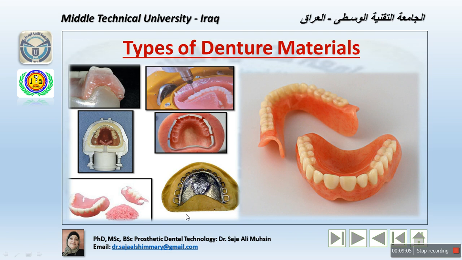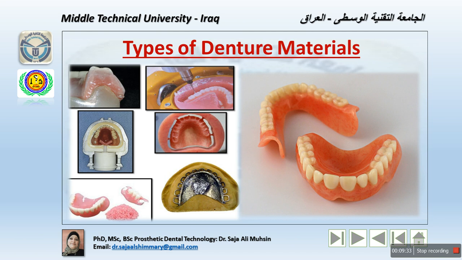Also, we have the metal. In terms of complete denture, we have a full metal base to give a thin base. In terms of a shallow palate, we cannot use, for example, resin, acrylic, or other polymers, because we need a thickness of 3 millimeters as a maximum.